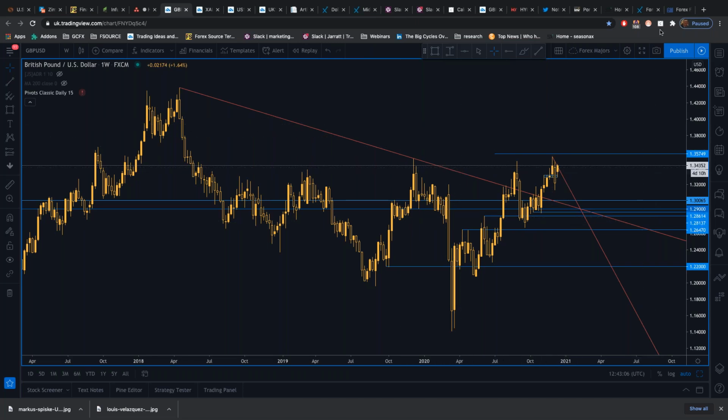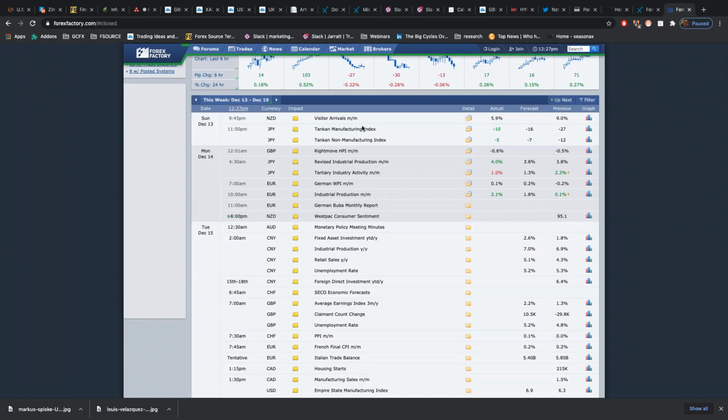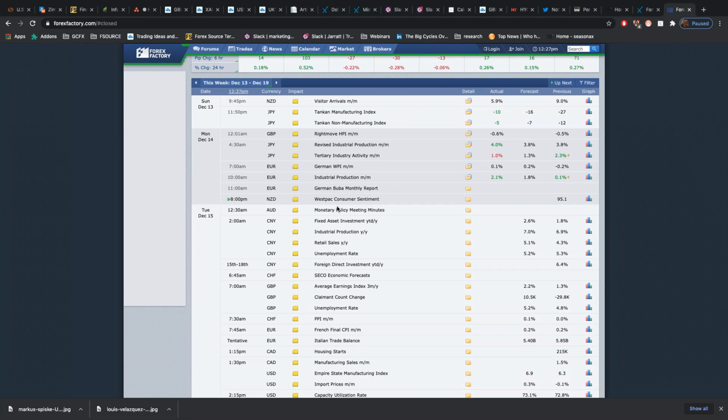Right, without further ado, let's have a look at the calendar for the week. Very slow start to the week. We've had some sight deposits out of Switzerland that I've just covered, and industrial production. Slight pickup in industrial production for Europe, which is excellent.